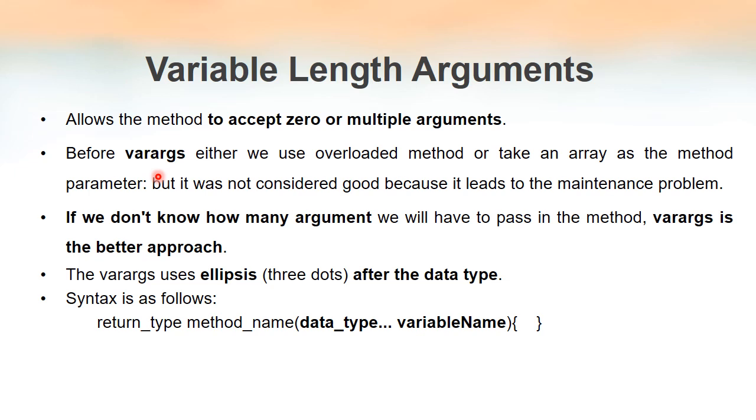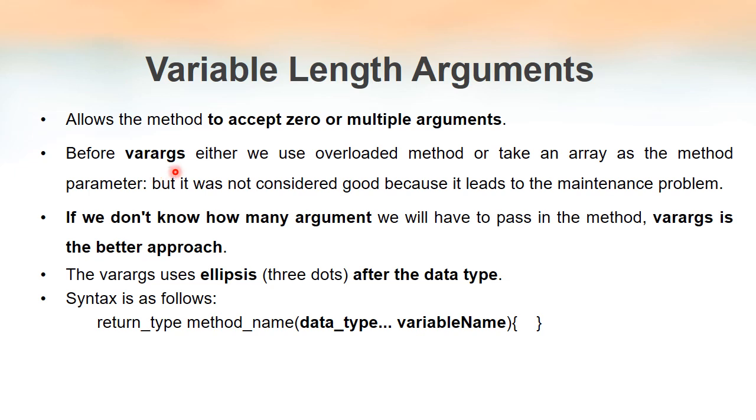Another method with the same name, add, with 1 parameter. Next another method named add with 2 parameters, because we don't know how many parameters are going to be there when we call this method. That was the situation when variable length arguments were not there, but Java introduced this feature.